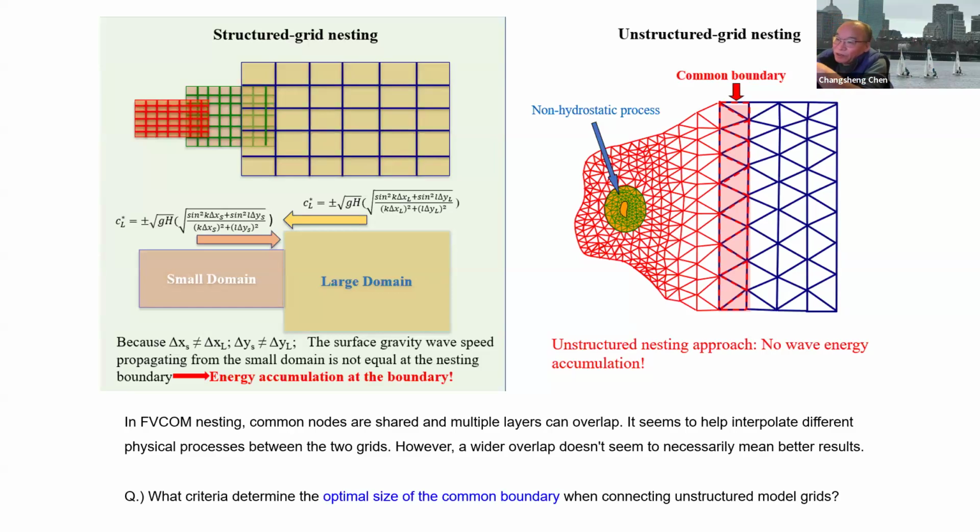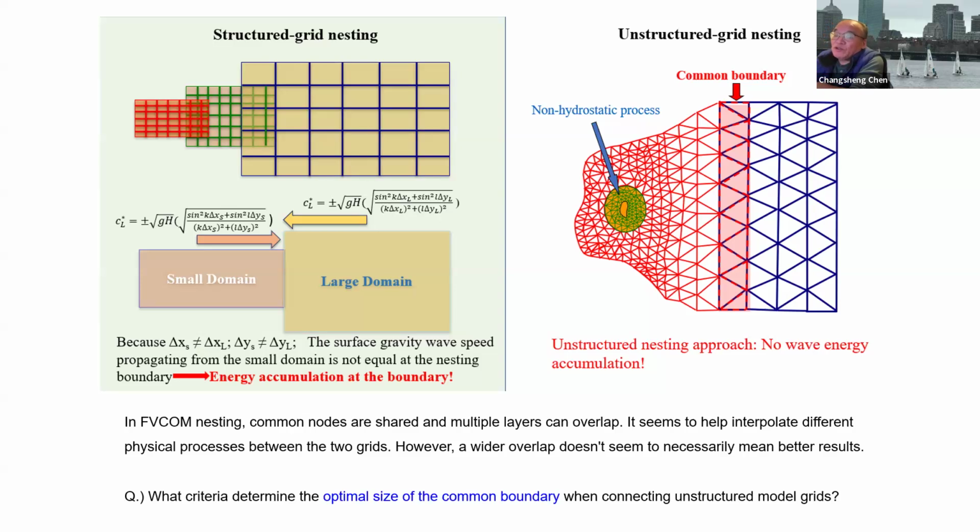That's why, on the criteria you asked about, what is the optimal size: your size depends on what question you address. There is no single optimal size. For example, we did one with a coarse resolution model.